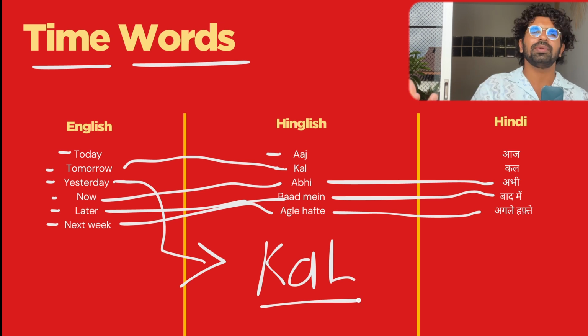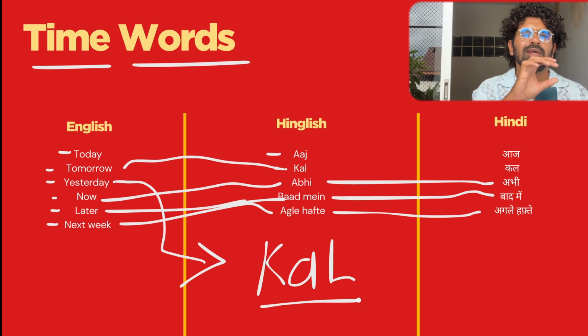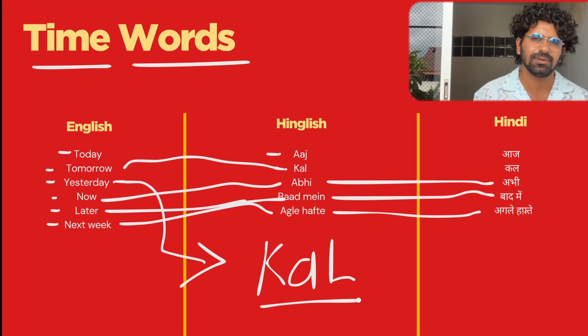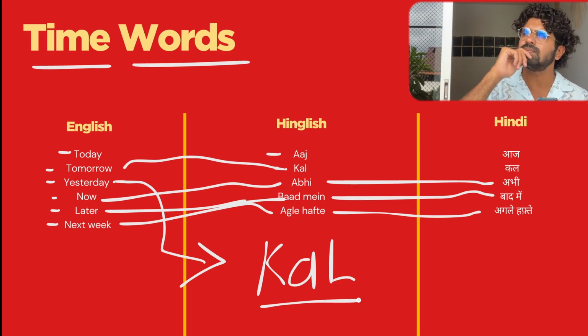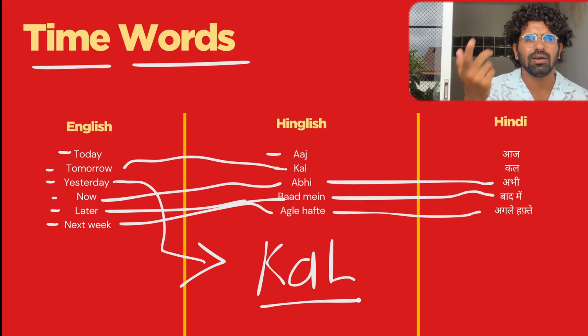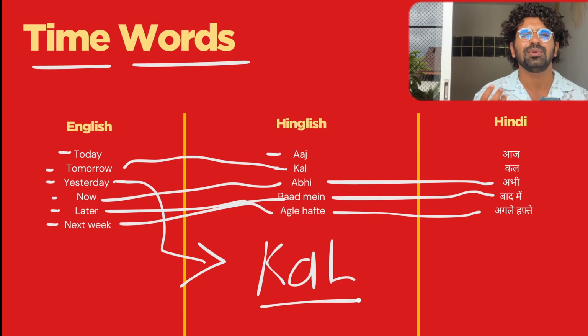And that's kind of the trick behind it, right? So when you're saying went and you're saying kal, everyone knows that it's past tense, it's yesterday. And same thing if I say kal, I will go to the supermarket, right? Of course, it's future tense, because you cannot say yesterday I will go to the supermarket.